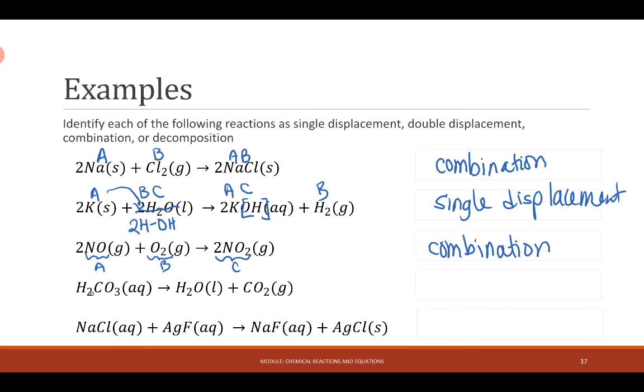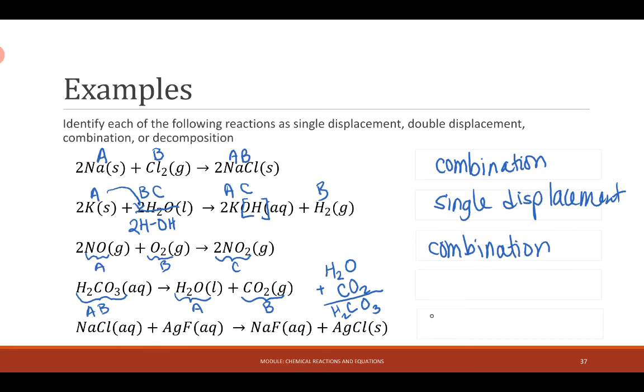So for this next one, I can see I start off with one thing, and so I'll call that A and B, and then it's split apart into A and B. If you do some little addition with your reaction, you can see that we do end up with 3 oxygens, 1 carbon, and 2 hydrogens.